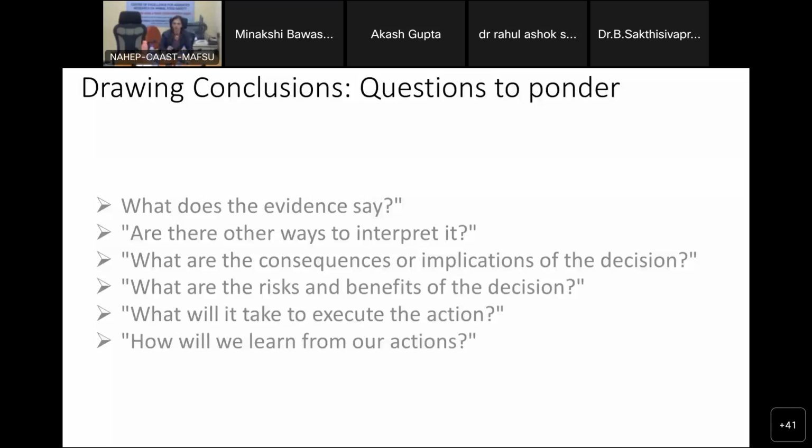People fail to do this, and this one is very, very important. If you're taking any decision, say for example, just because parents ask me to do something, but I don't like that, so I'm doing it.